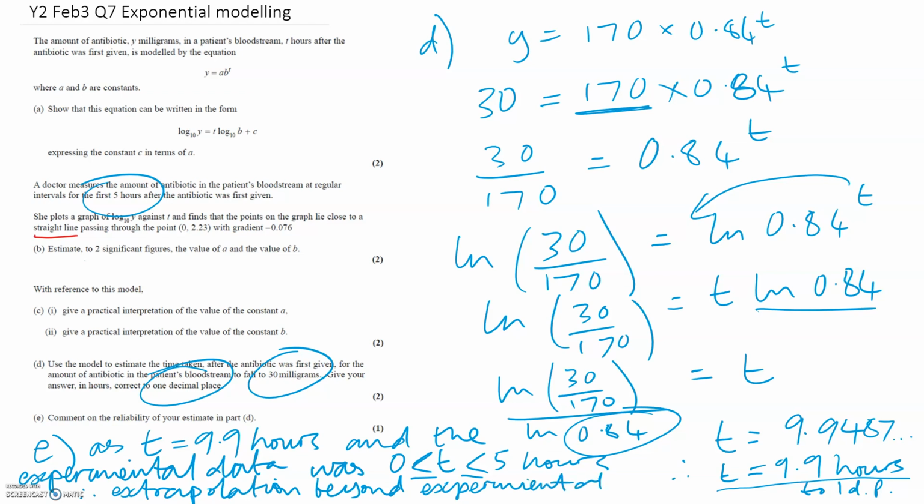Let's just clear a bit of space over here. Experimental time period. So that implies unreliable estimate. I mean, it could be okay, but looking at the mark scheme here, it says the estimate should be treated with caution.